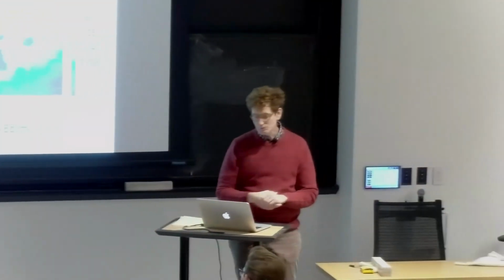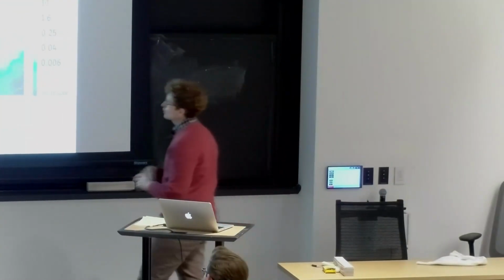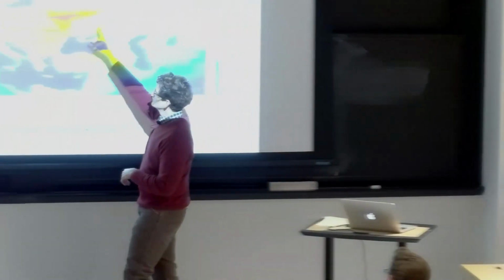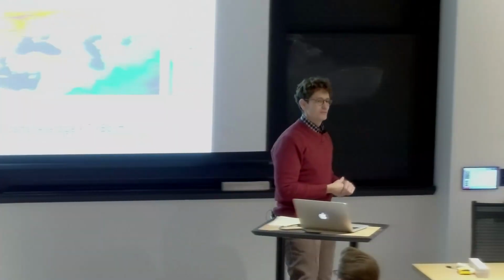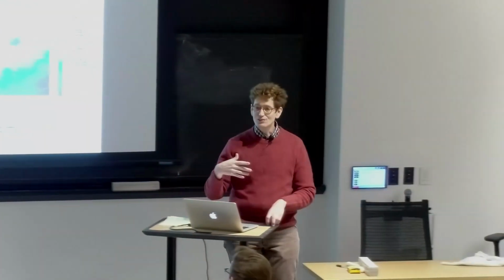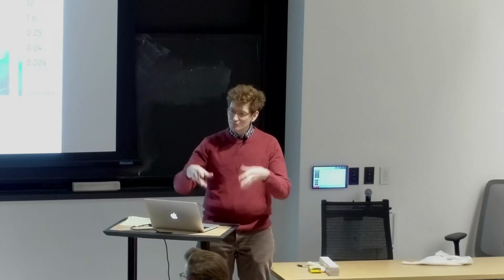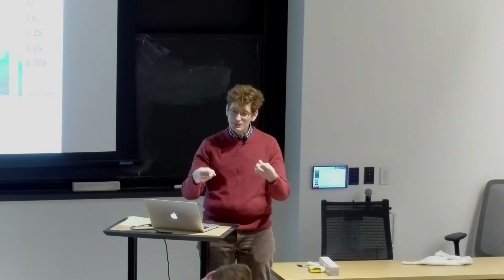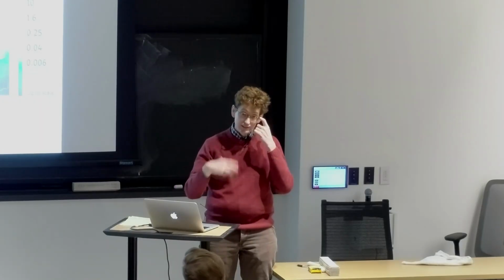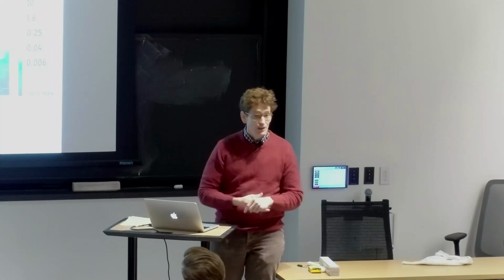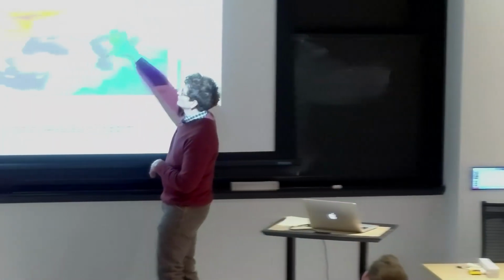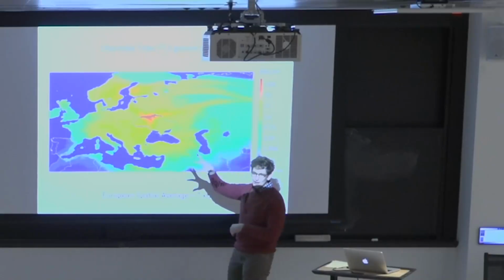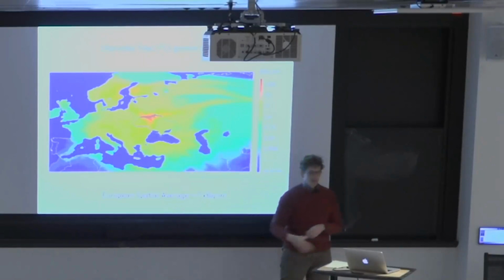And a thing that has been raised is that Ukraine, which I've now outlined here for you in black, is sometimes called the bread bowl of Europe. A huge amount of grain is grown there, which uptakes cesium from the ground, looks like potassium, into the grain, and then you eat it, and then you have an ingestion dose. So arguably, the European spatial average, which includes all of this sort of uneventful space, is probably too low.